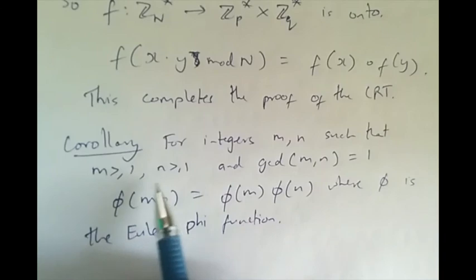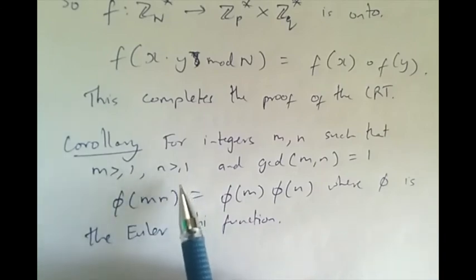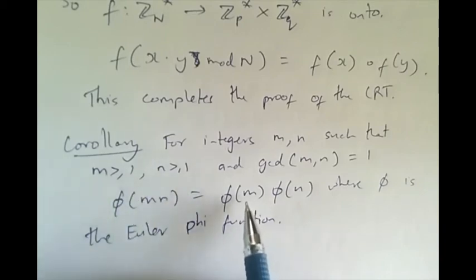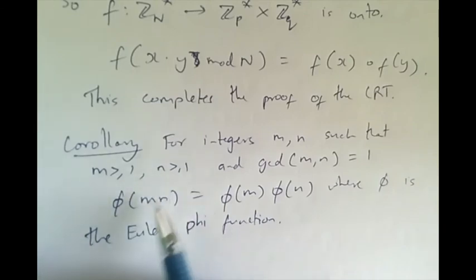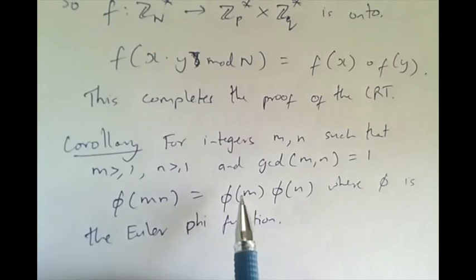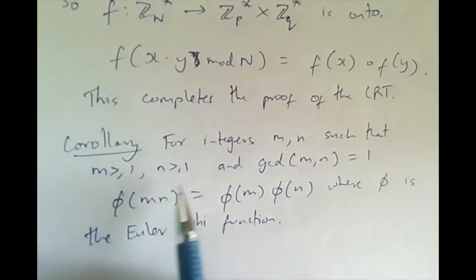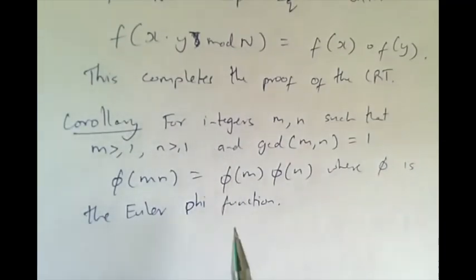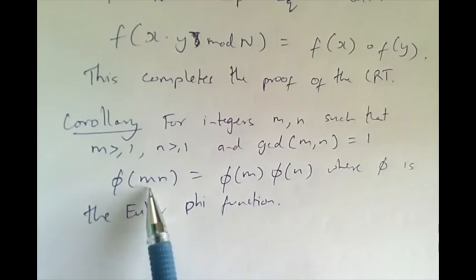So in the Chinese remainder theorem, we wanted these integers to be strictly positive, but recall that when you have the Euler phi function, if m is equal to 1, phi of 1 is 1. So if either of these or both of these are 1, then we'll just get a trivial identity. So for the non-trivial case where both m and n are greater than 1, then we appeal to the Chinese remainder theorem.